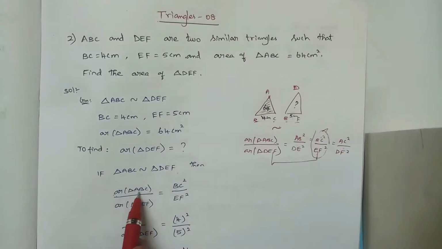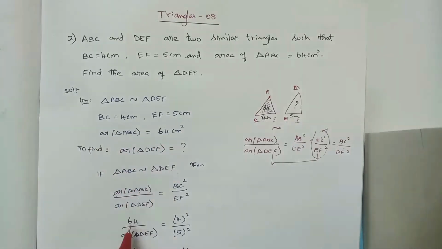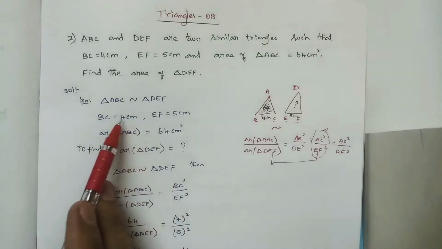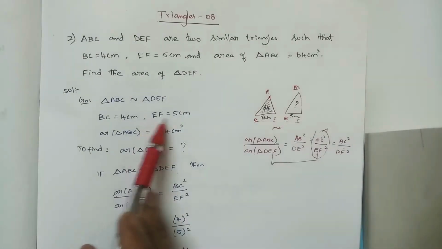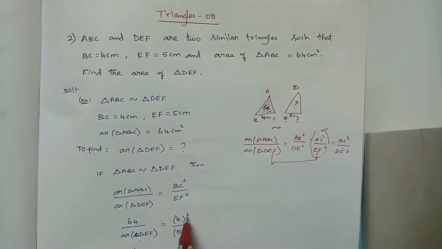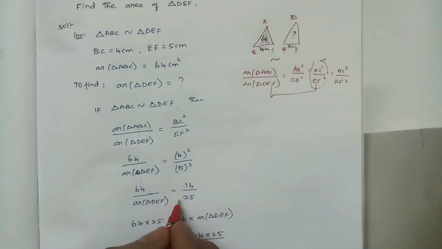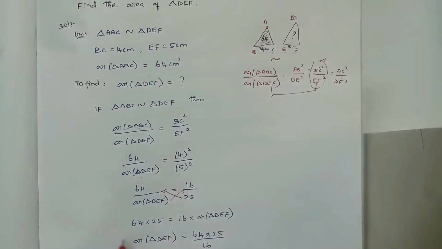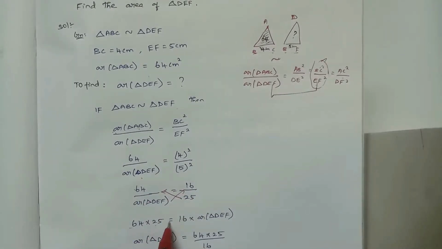What is the value of area of triangle ABC? Area of triangle ABC is 64, divided by area of triangle DEF, is equal to BC, which is 4 centimeter, so 4 square, and EF is 5, so 5 square. 4 square is 16. 5 square is 25. Taking this 25 to the LHS and the area of triangle DEF to the RHS, 64 into 25 is equal to 16 into area of triangle DEF.